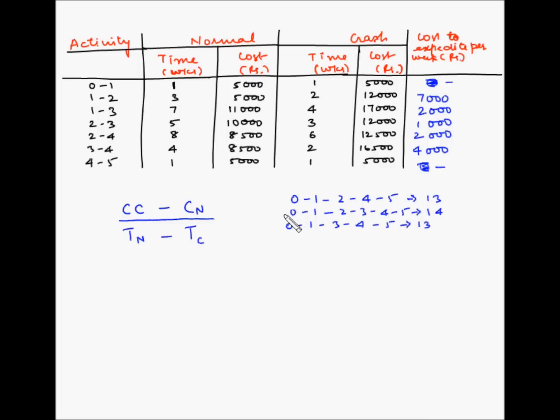So currently 0, 1, 2, 3, 4, 5 is the critical path. So let's identify these activities.